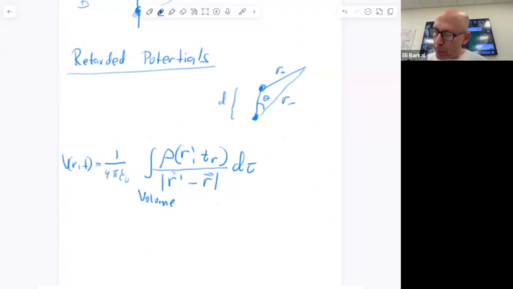But the important thing to remember, which maybe you are still thinking about this deep physics, is this r. R is for retarded, right? t_r, the retarded time.